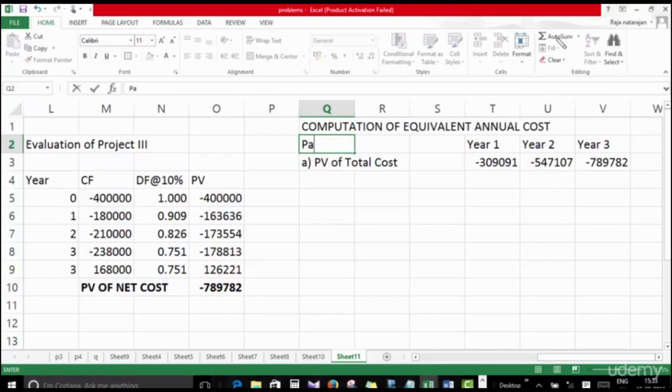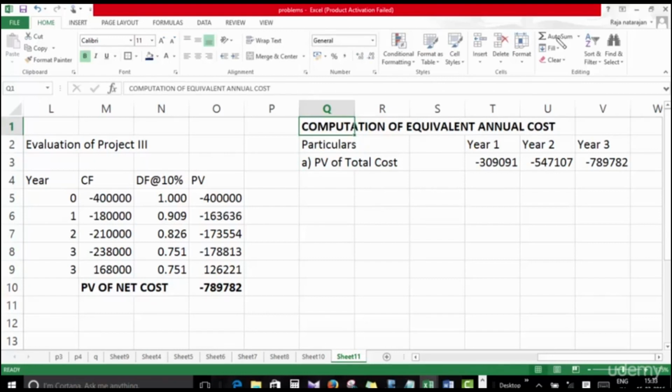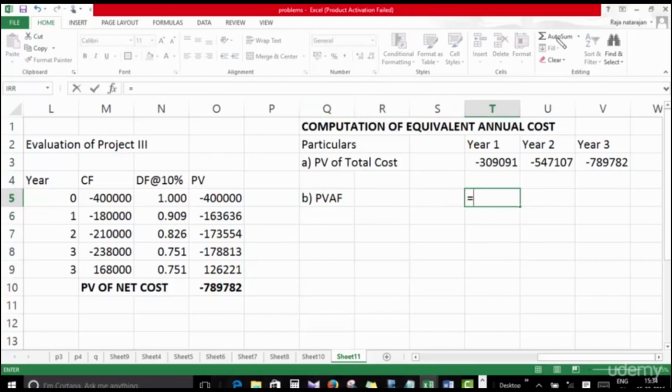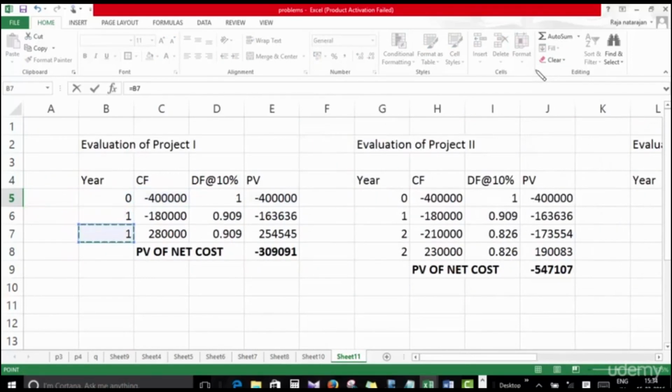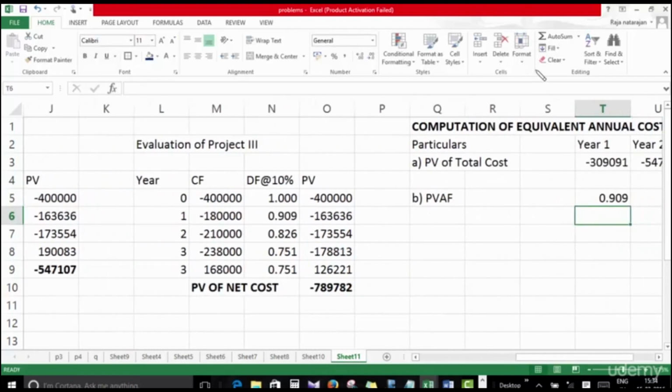I'll have particulars here. We should call it computation of equivalent annual cost. So how do we find the equivalent annual cost? Find out the present value of total cost, which we have here. That should be divided by the present value annuity factor. So for year 1, the present value annuity factor is nothing but the discount factor you have for year 1, which is 0.909.